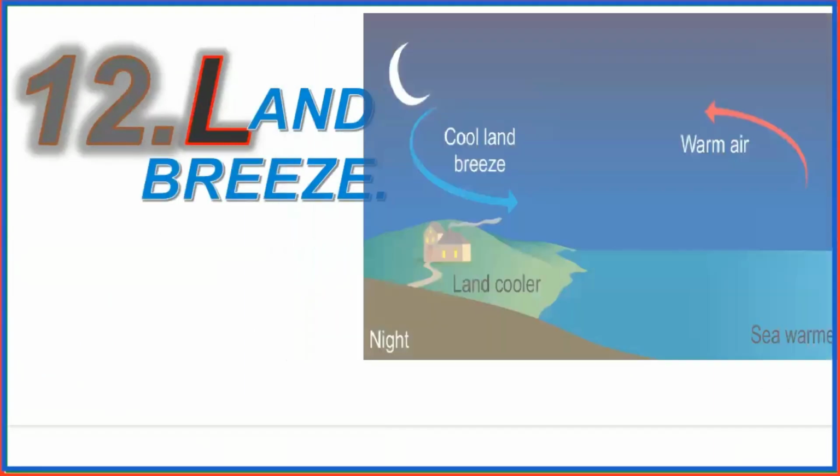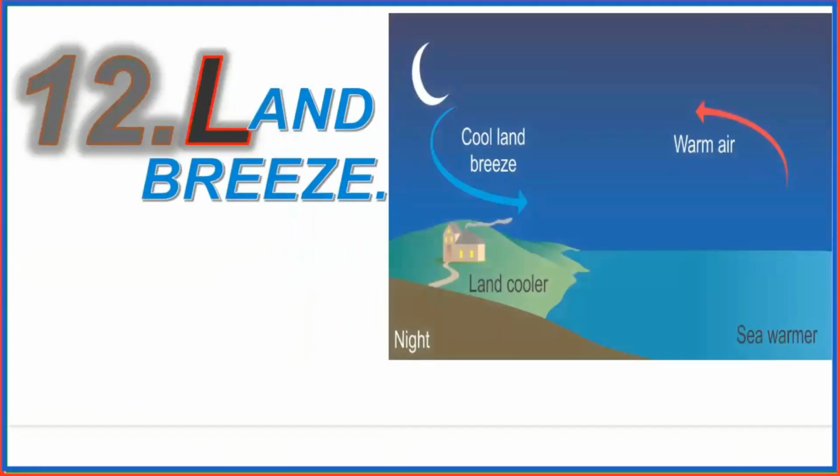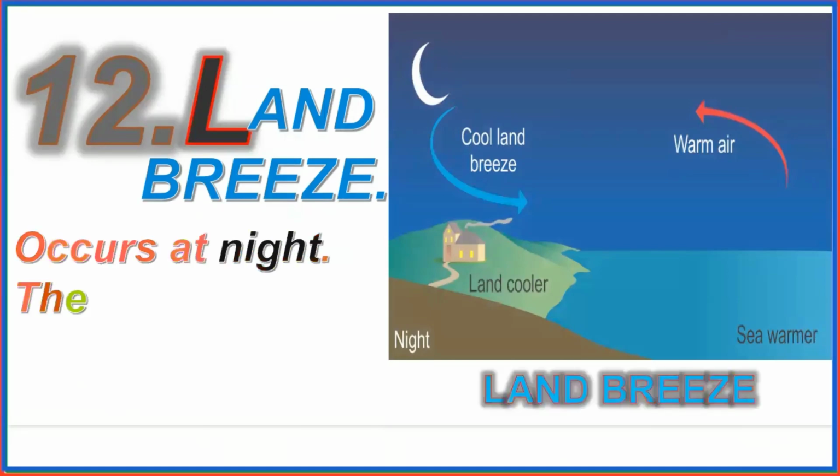So, L for land breeze. Look at this picture. Some people confuse land breeze and sea breeze. Now, watch out. Land breeze occurs at night, as you can see the moon there.